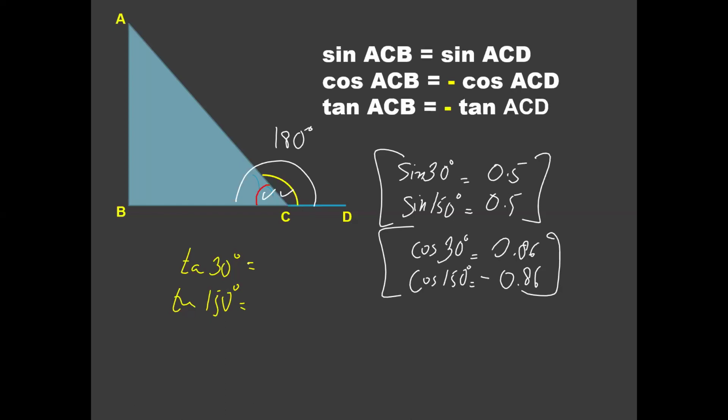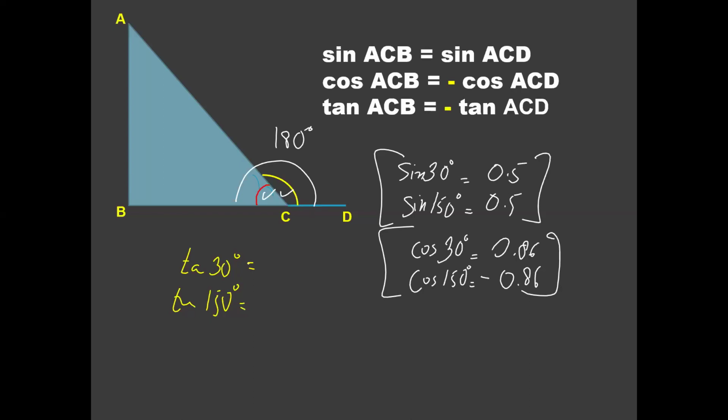Now test it by using the calculator. Tan 30 is 0.57. Good.